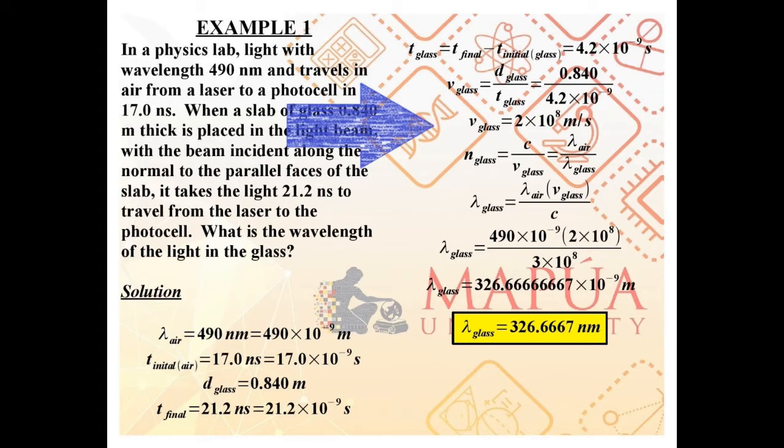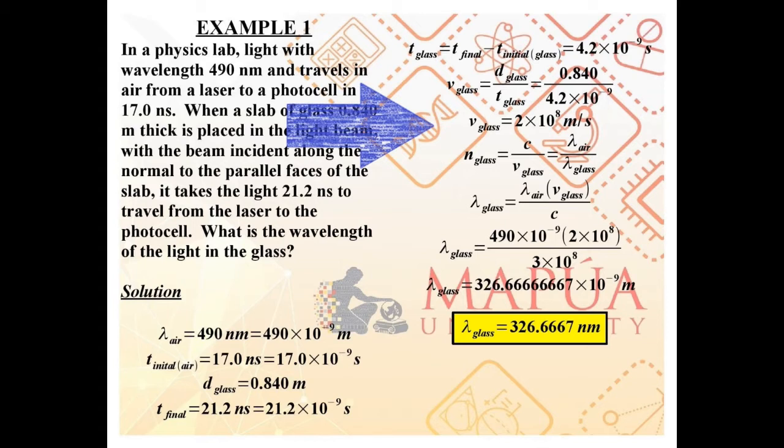Knowing the time of travel in the glass and the thickness of the glass, we can now calculate the speed of light in glass. V glass is equal to D glass divided by T glass, 0.84 divided by 4.2 times 10 to the negative 9 seconds. We are then able to calculate V glass to be 2 times 10 to the 8 meters per second.